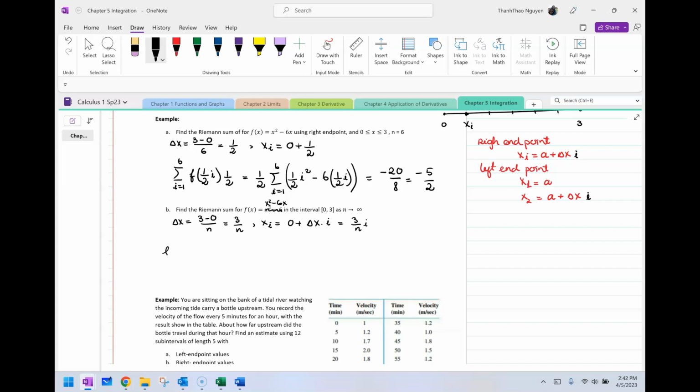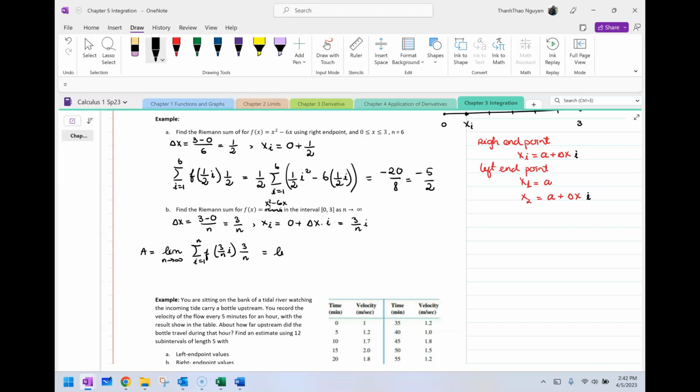So we look at the limit, the estimate area equal to the limit as n approaches infinity of the summation of i equal 1 to n of f of 3 over n i times 3 over n.